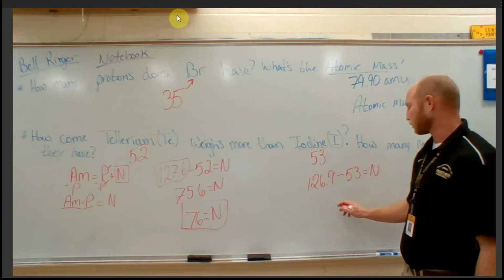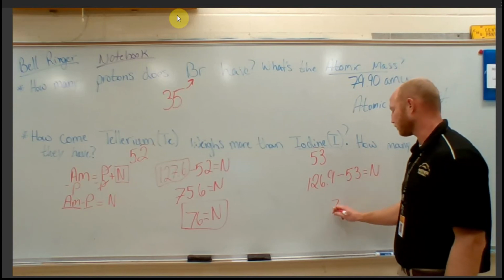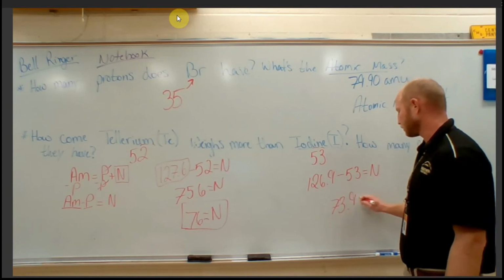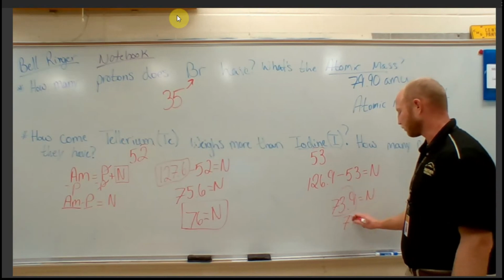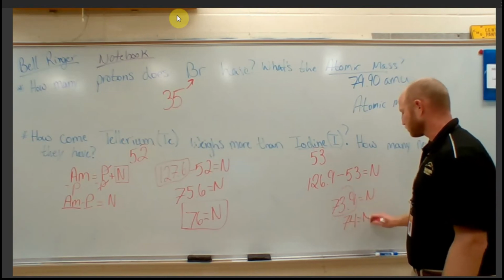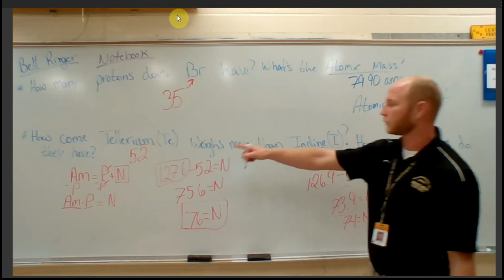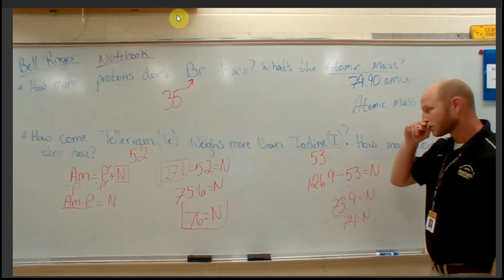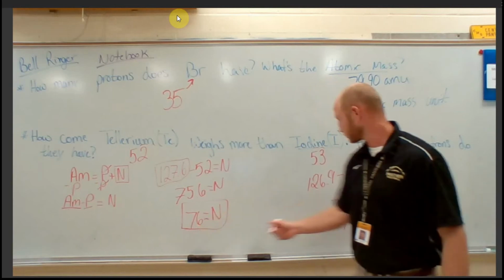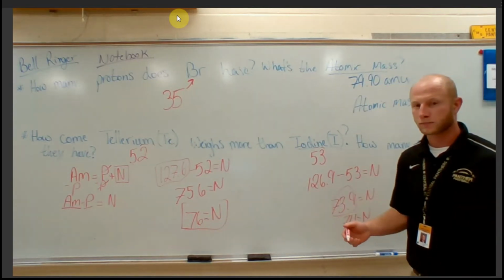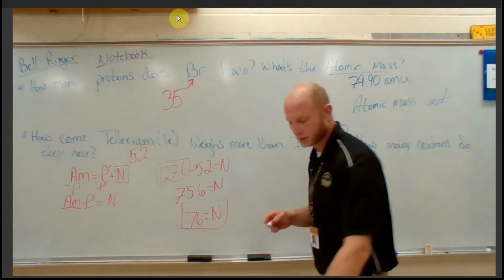All right, and this will actually give me 73.9, right? But then I have to round this guy, so it'll be 74. So the reason why tellurium weighs more than iodine is because tellurium, on average, has 2 more neutrons than iodine does. Okay, and so that's all that there is to that.